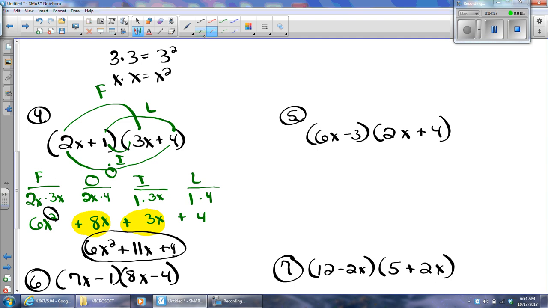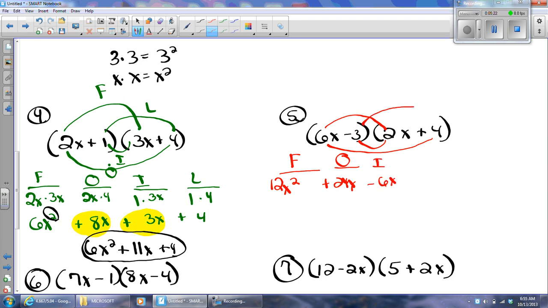All right, I'm going to multiply my firsts. Problem number 5. 6x times 2x, 12x squared. I'm going to do my outers. That'll be 6x times 4. That'll be a positive 24x. Do my inners. Looks like that'll be a negative 6x.